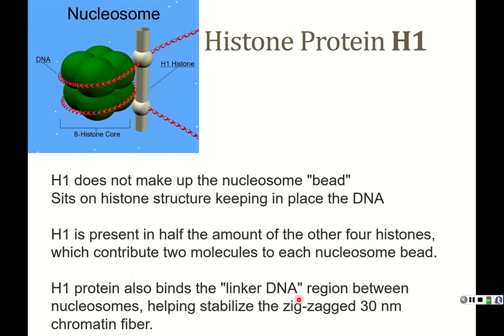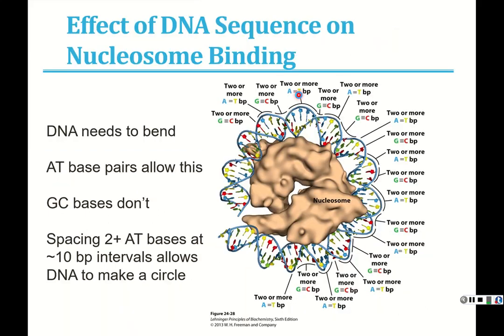It also binds the linker DNA region between the nucleosomes, and it helps stabilize a zigzagged 30 nanometer chromatin fiber, which we'll see in a second. So that's where the H1 protein is. It's not actually part of the nucleosome bead itself, but it helps stabilize it from the outside.